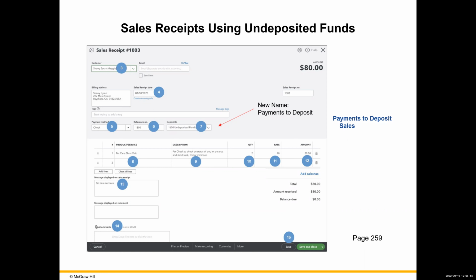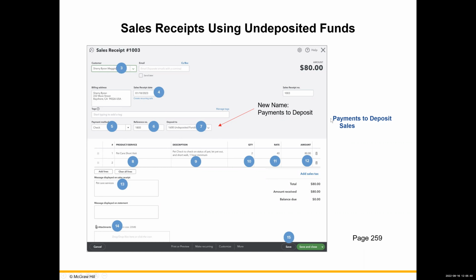It's not in your checking account yet, so why would you put checking account here? It's easier, it's faster, but it's not as descriptive. So remember, it'll tell you when to do this and when not to. This could change. It's going to be payments to deposit, or it's going to be checking account 1001, I think.